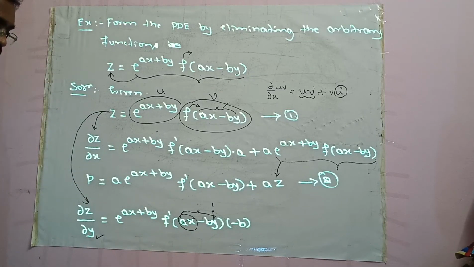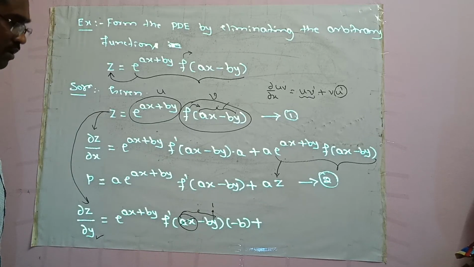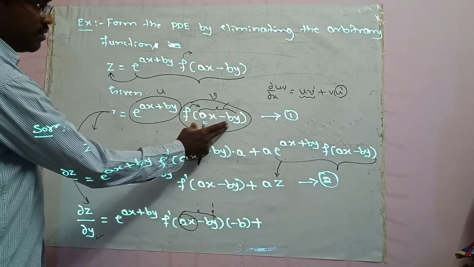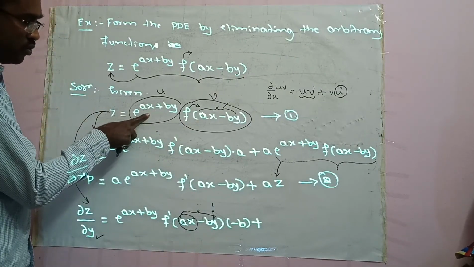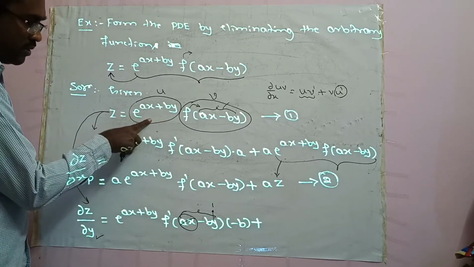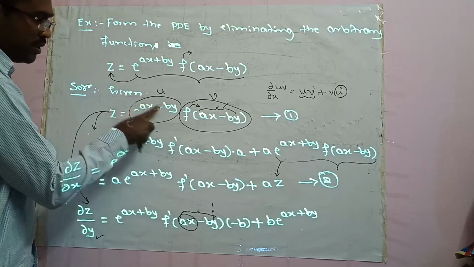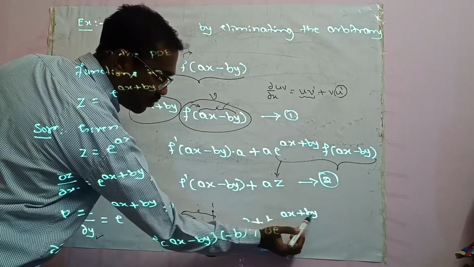Use the chain rule, right? Then plus v as it is. What is your v? This is your v as it is, differentiation of u. If you differentiate this u with respect to y, what you get? Differentiation of e to the power ax plus by is e to the power ax plus by into differentiation of the power.